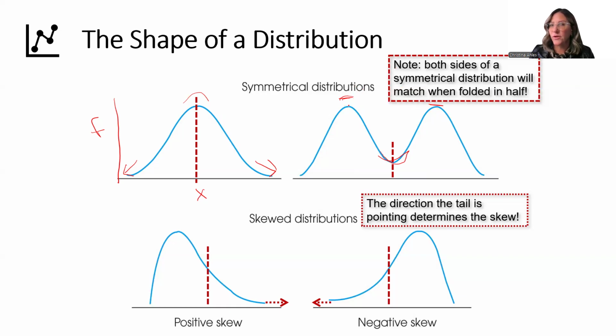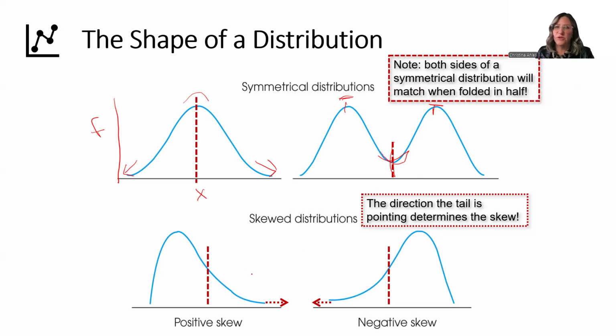In this case you have 2 modes, and typically the mean falls in the valley, unfortunately. So in that case, you would report the mean, but you would discuss that it's a bimodal distribution with modes of, and you would discuss the 2 modes as a secondary measure of central tendency.